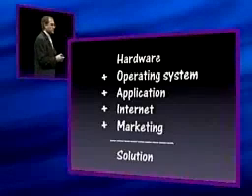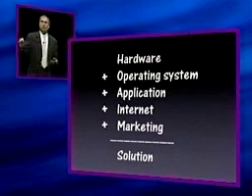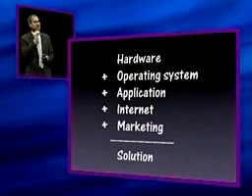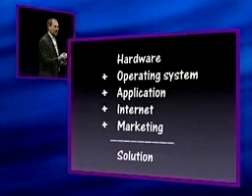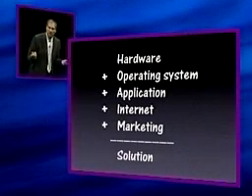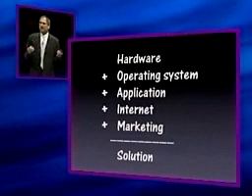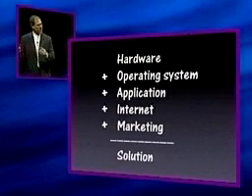And this is an amazing thing because it relies on hardware. In the case of iMovie, that's FireWire. It relies on the operating system and QuickTime and the codecs. It relies on the application like iMovie. It relies on the internet. And it relies on a lot of marketing to create a total solution, in this case, desktop movies.